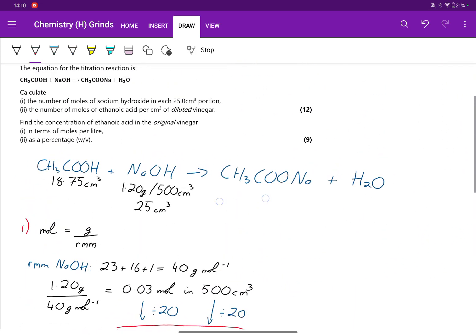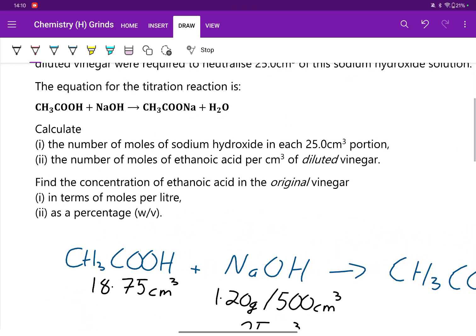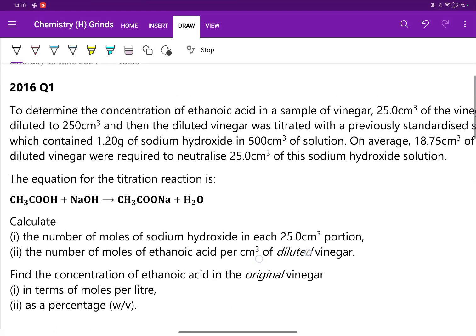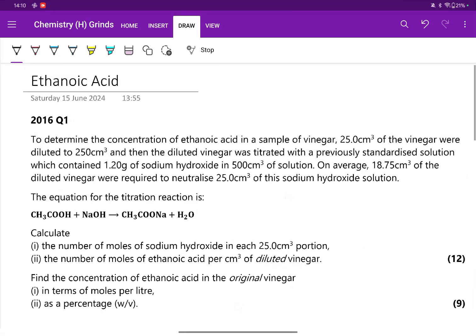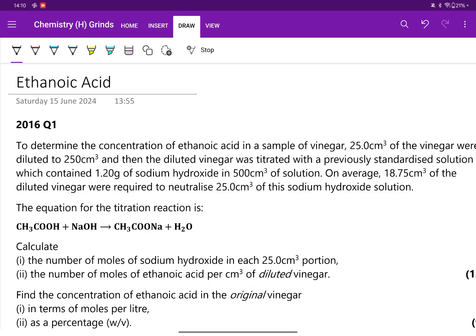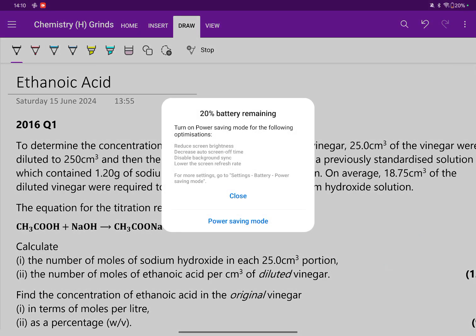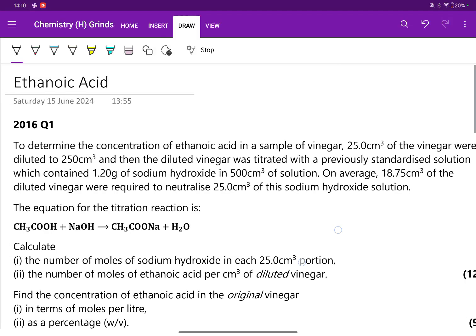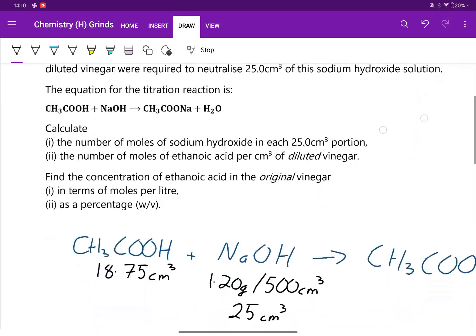Okay? So the second part then. Find the concentration of ethanoic acid in the original vinegar in terms of moles per litre. So if we go back to the start of the question, it says 25 centimeters cubed of the vinegar was diluted to 250 centimeters cubed.